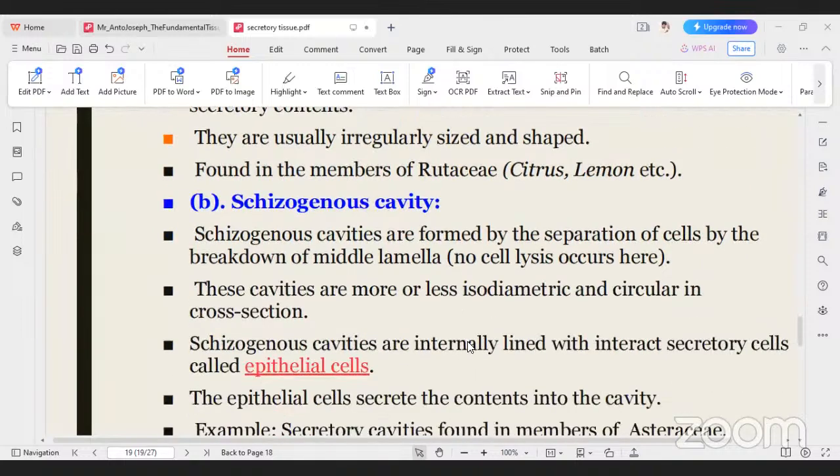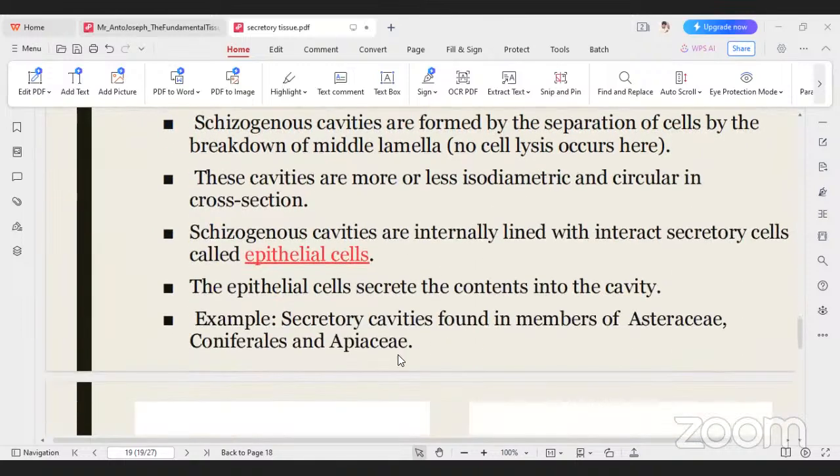And schizogenous cavity examples, Asteraceae and Apiaceae family. Do you know Tridax procumbens? When you cut Tridax procumbens, some watery liquid exudes out.